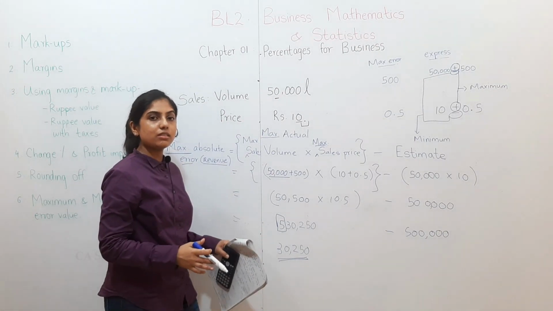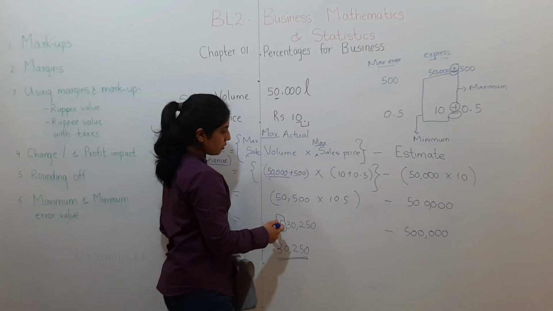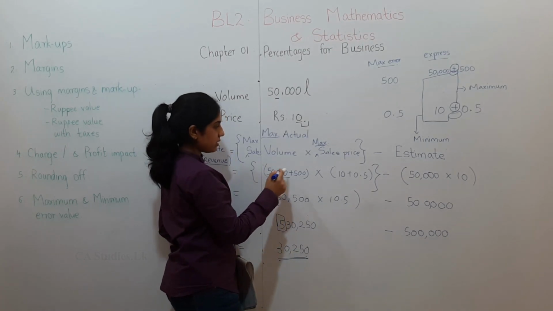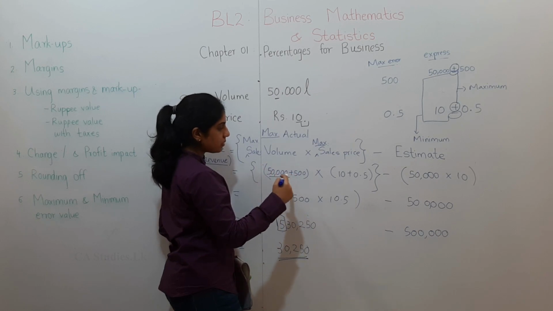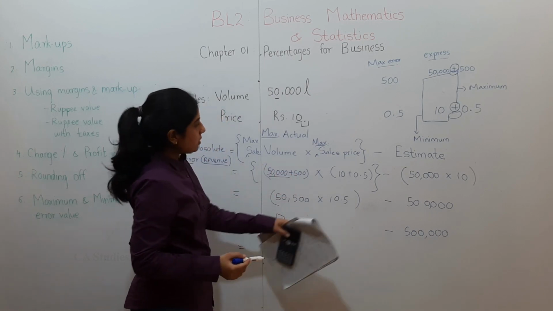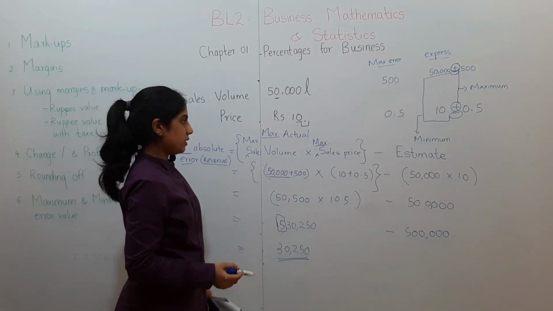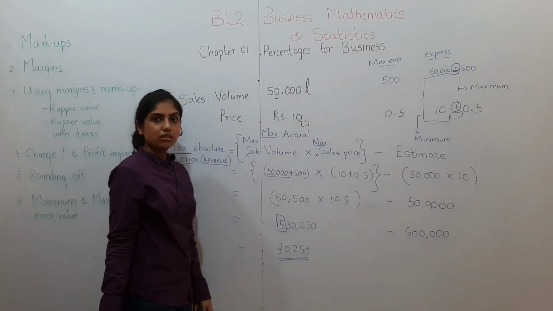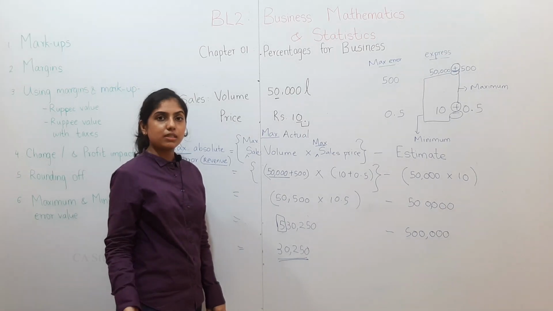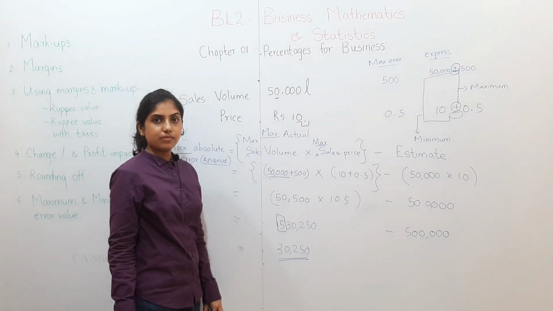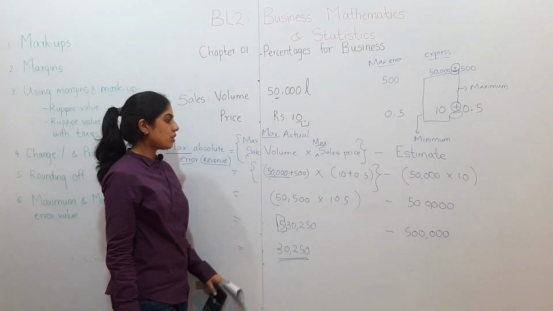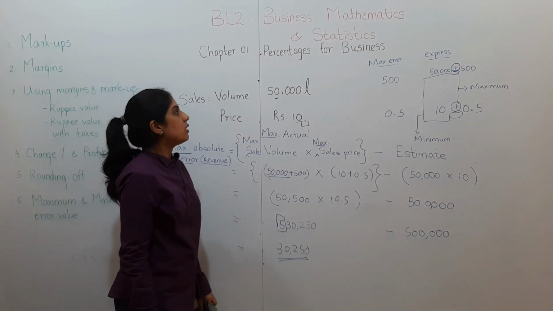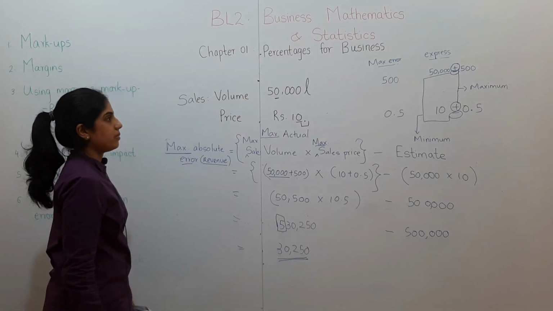Then take it, which includes the original because it's multiplied by the original, increasing the original values. Then compare it with your estimated figure. Then the end answer is your error for that particular variable. So always remember these steps. Okay.